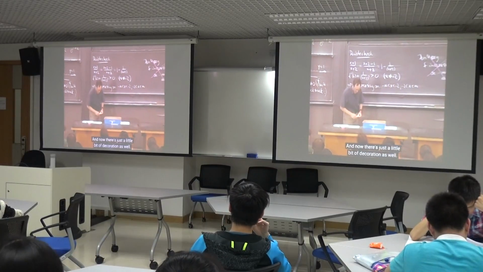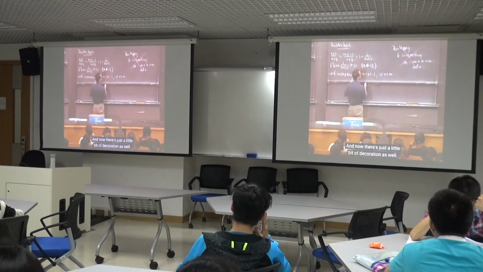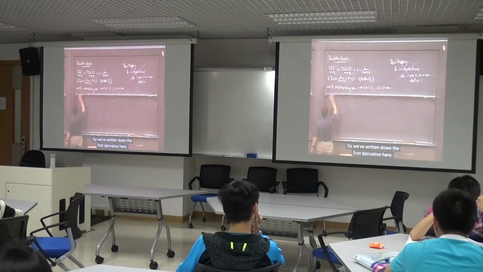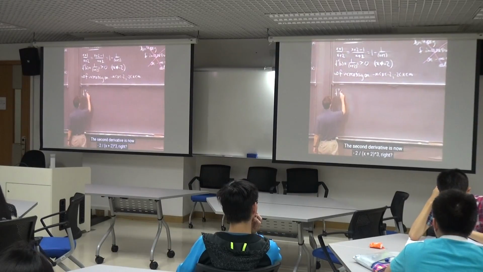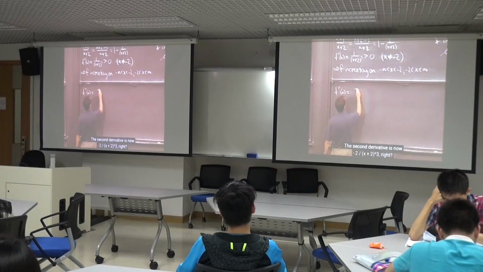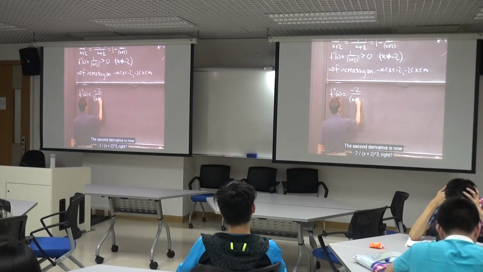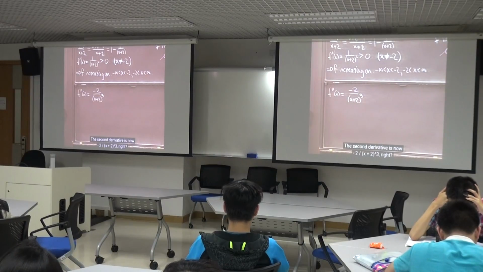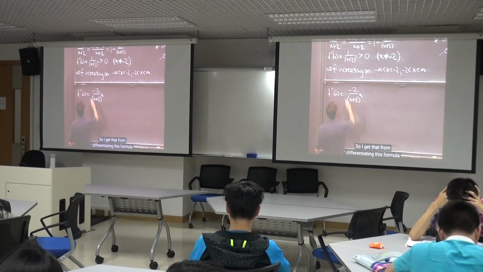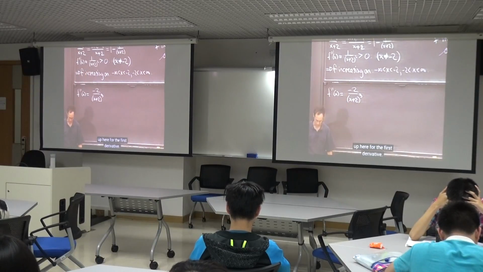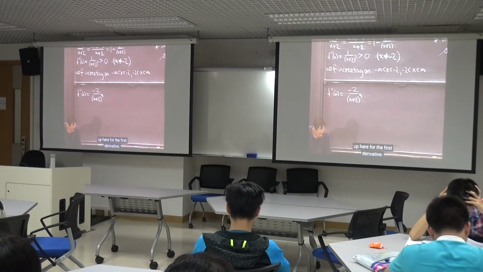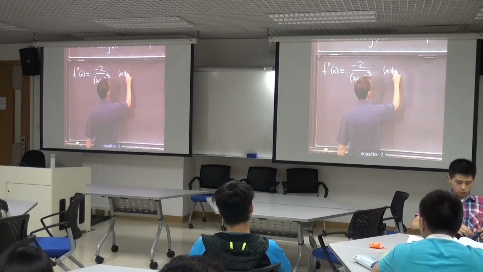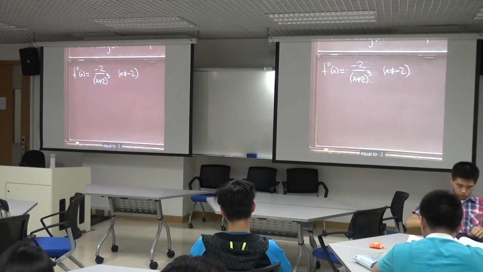All right, so that's the first remark. And now there's just a little bit of decoration as well, which is the role of the second derivative. So we've written down the first derivative here. The second derivative is now negative 2 over x plus 2 cubed, right? I get that from differentiating this formula here for the first derivative. And of course, that only works for x not equal to negative 2.